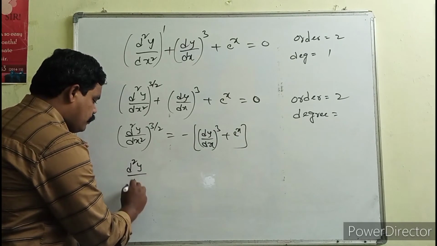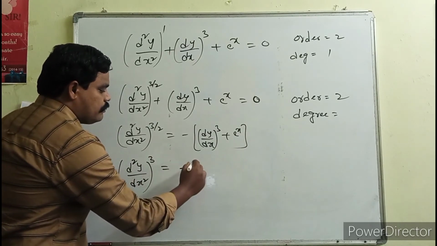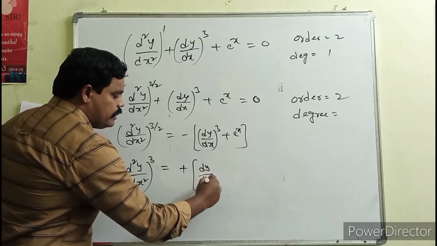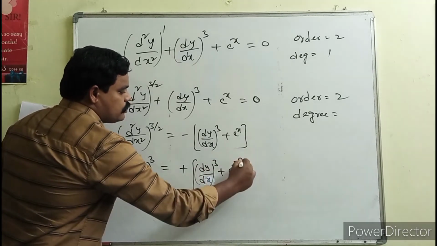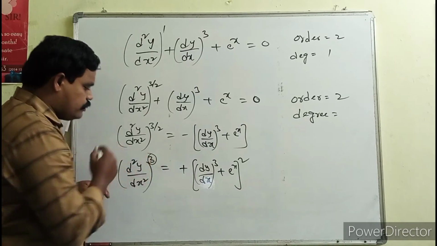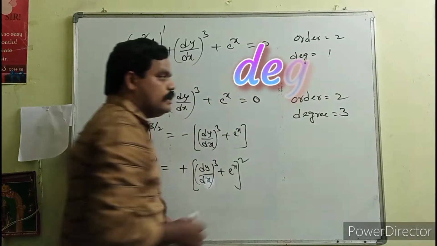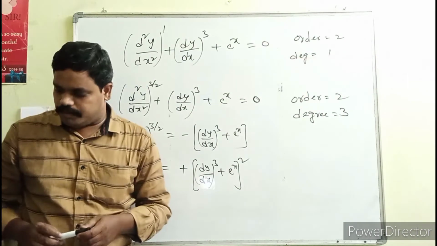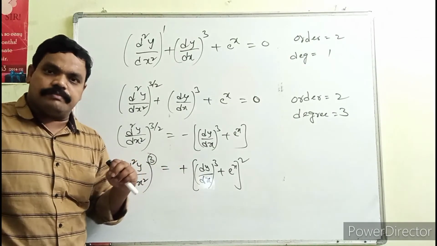Then d square y by dx square whole cube is equal to minus dy by dx whole cube plus e power x, whole square. Now the power of the highest derivative is 3. Therefore, the degree is 3. Do you understand about the degree? Okay. This is the concept for order and degree.